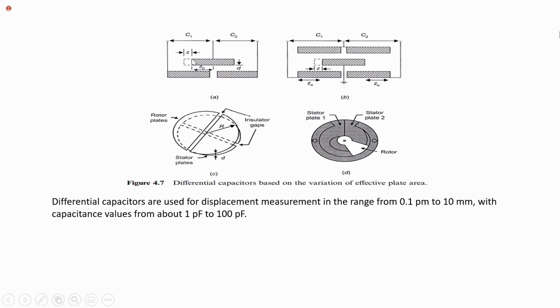So here you can see this conductor is moving left and right. If it moves towards the left, C1 capacitance will increase. If it moves towards the right, C2 capacitance will increase.